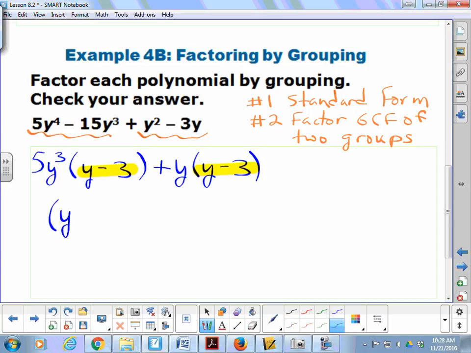So we write that first, and then we write what's left: 5y cubed plus y. As we get going a little bit more with this, the first thing we would do in the future would be to take a y out of everything to start with.